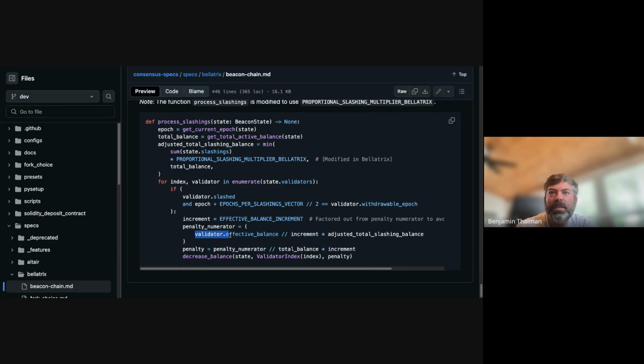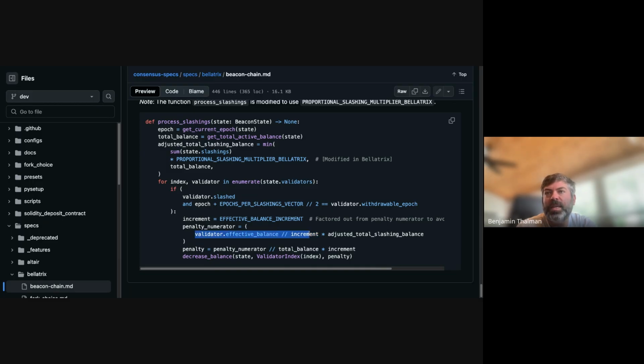So if this, for instance, returns, let's say, 31,500 million, in other words, 31.5 ETH worth of Gwei, and you divide through by 1 billion, with regular division you'd get 31.5. But because it's floor division, it rounds down to the nearest whole ETH. So instead of 31.5, you get 31.